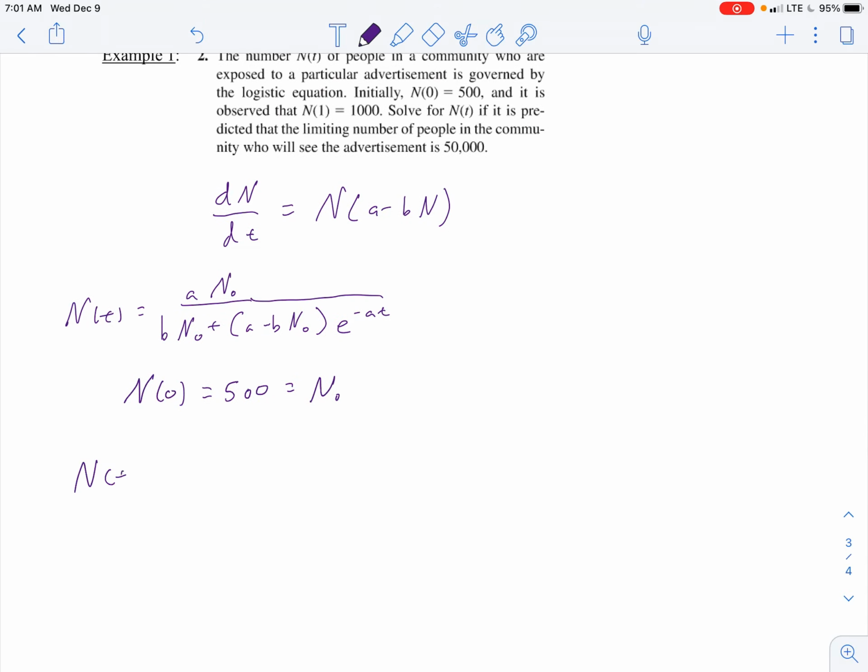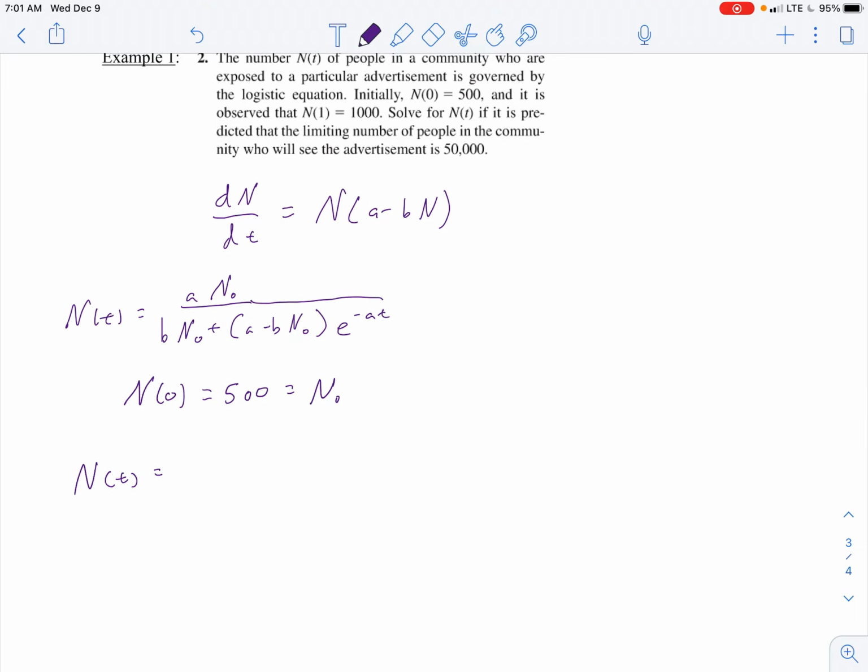So N of t is equal to 500a divided by 500b plus (a minus b times 500) times e to the negative at.